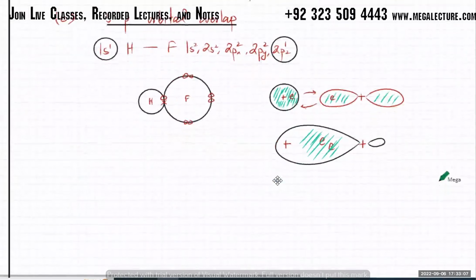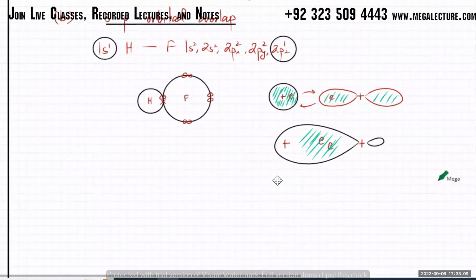And then the last one is the P and P overlap. So part C is a P and P. So that's your P and P overlap.